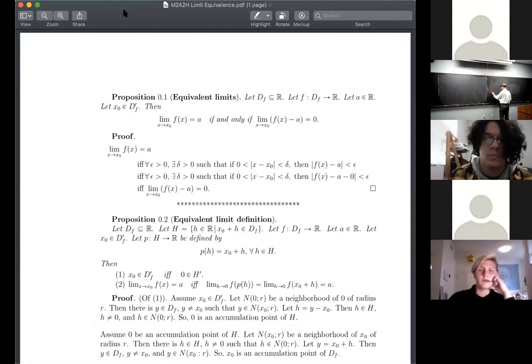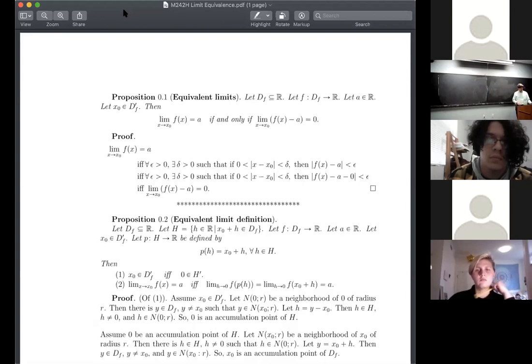well, I'm going to have to change that in a second. The other one is the limit of f of x naught plus h equals a. These differ from the previous one because before I had 0 on the right-hand side, but this now changes.